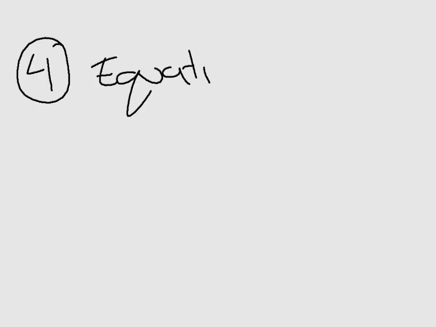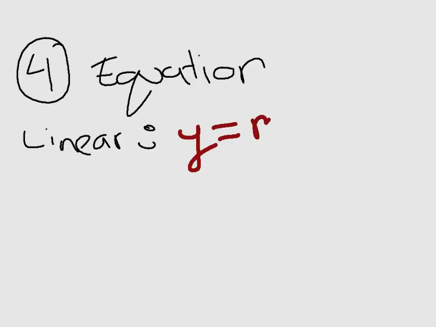And finally, there's one more thing that you would definitely need to know, which is their equation. So as we said, for a linear, the equation would be y = mx + b.